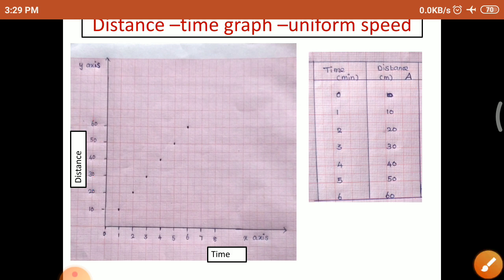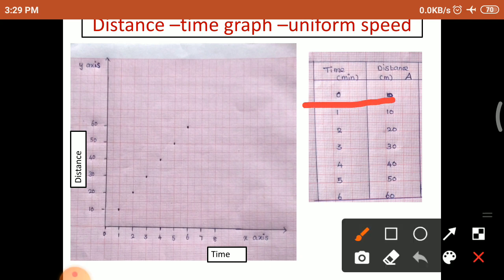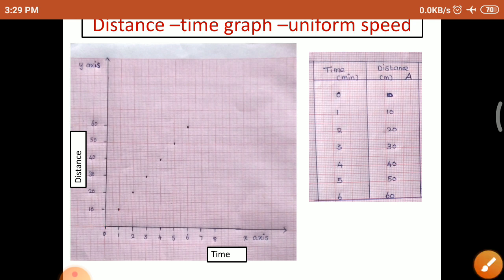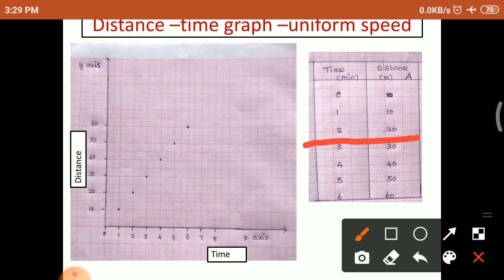Then you have to mark the points in the graph. When time is 0, the distance is 0. So this is the point. When time is 1 minute, distance is 10. When time is 2 minutes, the distance is 20, so you have to mark here.